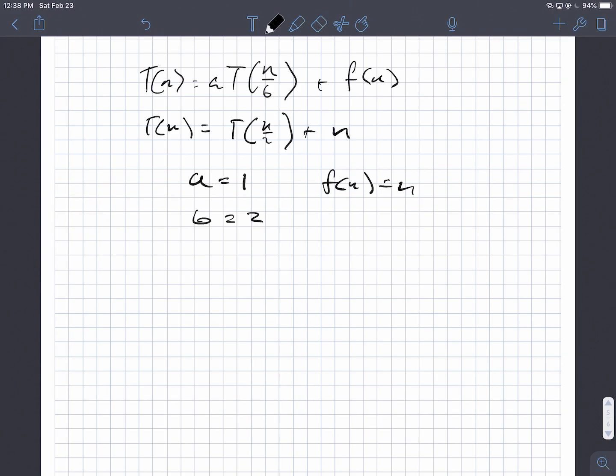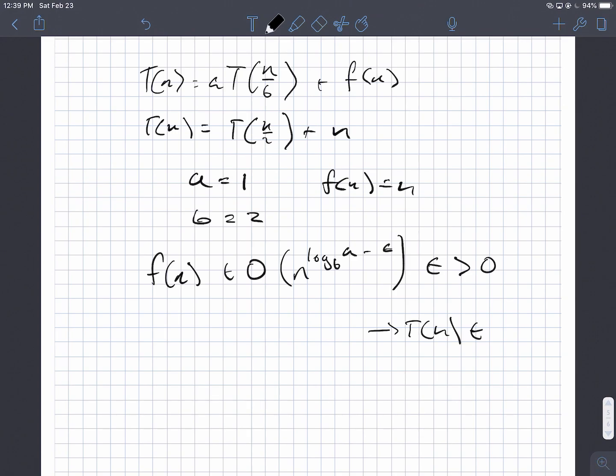Case 1 says if f of n is a member of big O of n to the log base b of a minus epsilon, for some epsilon greater than 0, that implies T of n is a member of theta of n to the log base b of a.